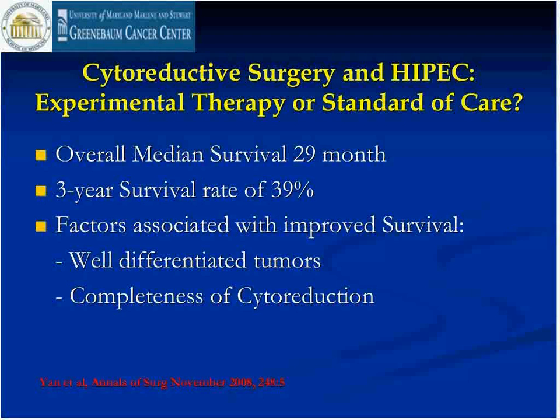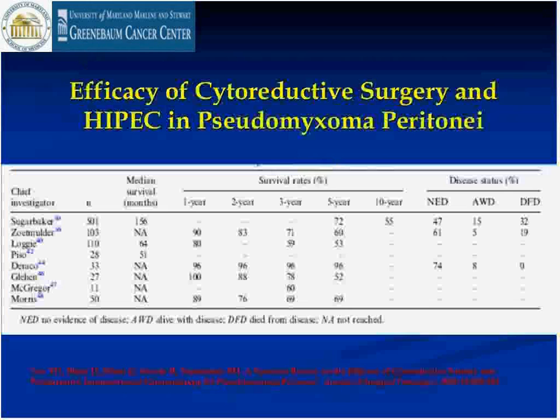The 3-year survival rate was 39%, and we know that factors associated with improved survival are well-differentiated tumors and, as I stressed, the completeness of cytoreduction, which is our ability to completely remove tumor cells at the time of the operation before the intraperitoneal hyperthermic chemotherapy.